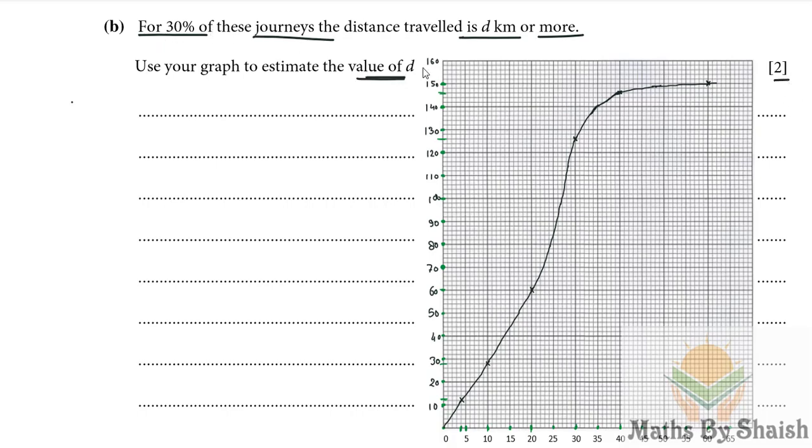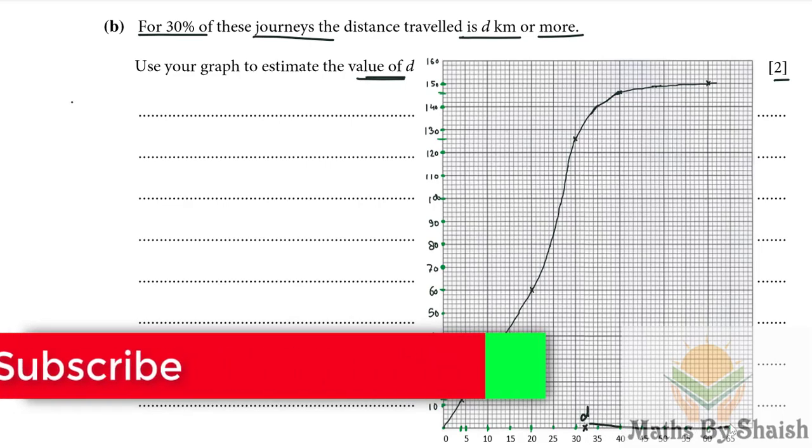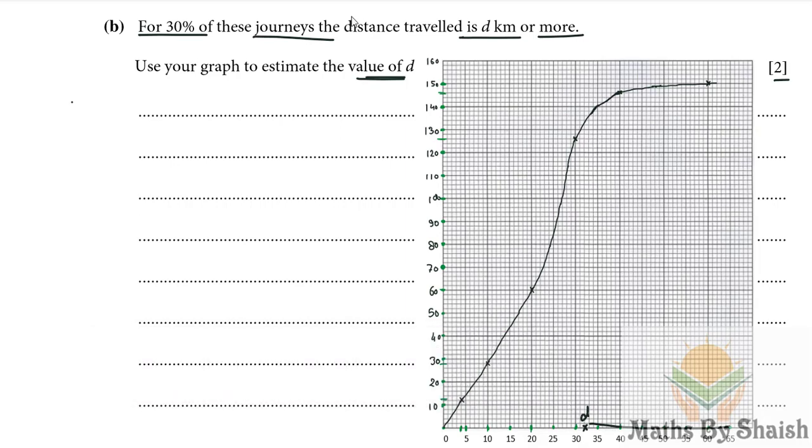So we can see it is given for d kilometer or more than that. So for instance, let's say this is d. If it is d here, then d or more is going to cover 30%. So it means from d we'll go back to our curve.